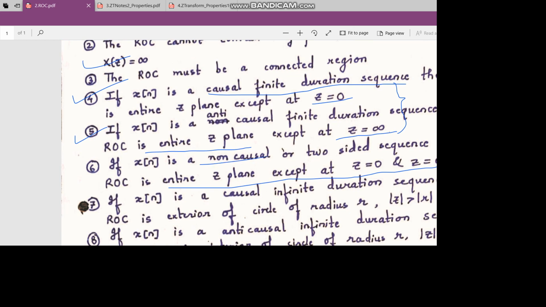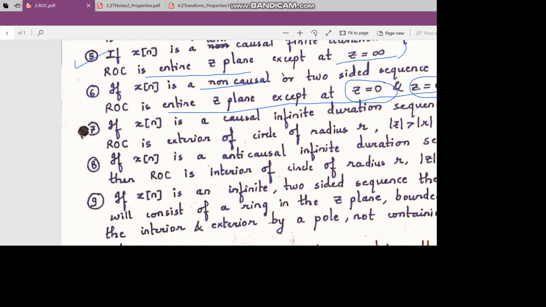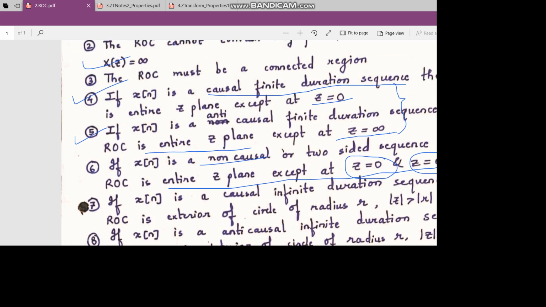We call it non-causal because it contains both positive and negative values of n. Now, arguing similarly, these three conditions were for finite duration sequences.